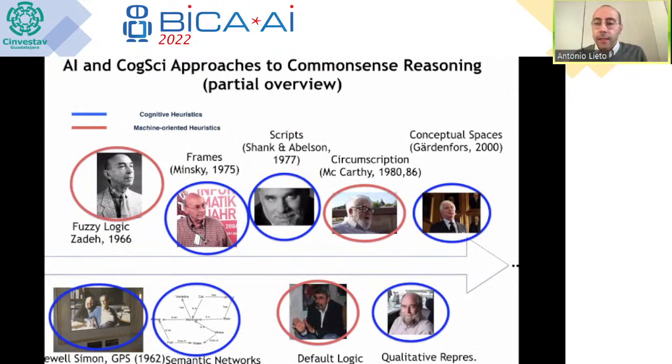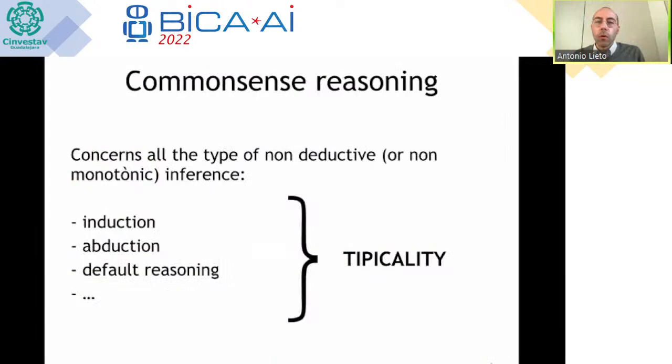Indeed, in the history of artificial intelligence and cognitive modeling, we have had a bunch of different kinds of approaches to solving the problem of common sense reasoning, starting from the preliminary heuristic approaches by Newell and Simon, to fuzzy logic, to circumscription, to other types of proposals. Now, an important aspect to take into account when we talk about common sense reasoning is that with this type of expression, we mean all the types of inferences like induction, abduction, default, which are non-deductive, so non-monotonic, but that also have this ingredient of typicality.